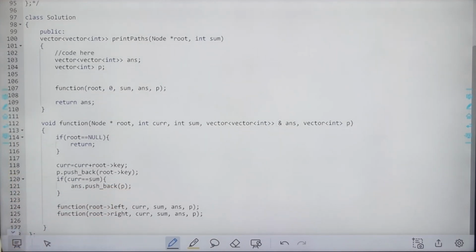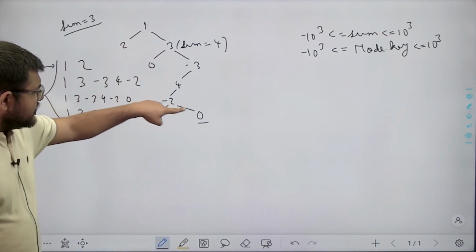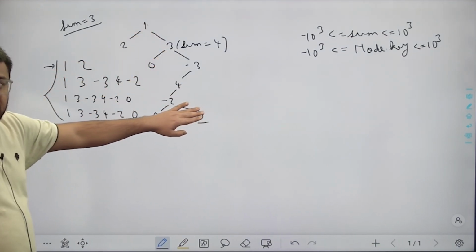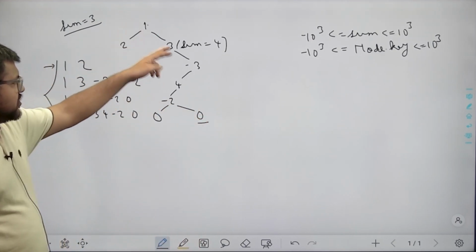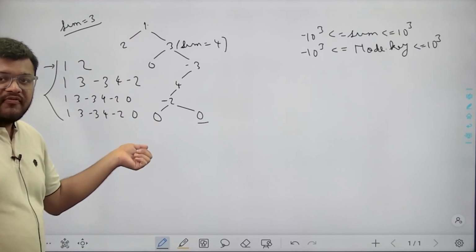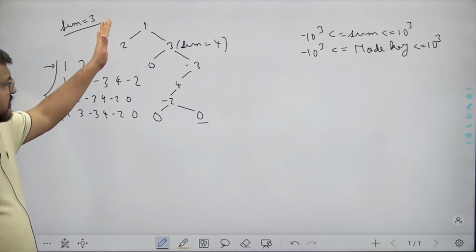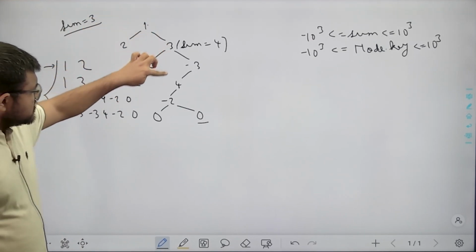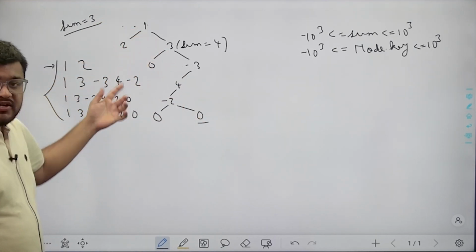Pushing one element inside the vector takes constant time, so pushing a path inside a vector will take big O of n time at max if there are n nodes, and there may be multiple paths. So this is one path, this is another path, in which 1, 3, 3, -3, 4 and -2 are common.